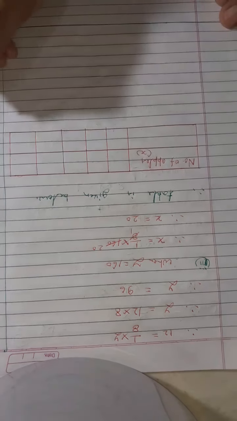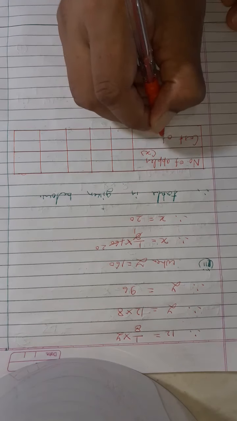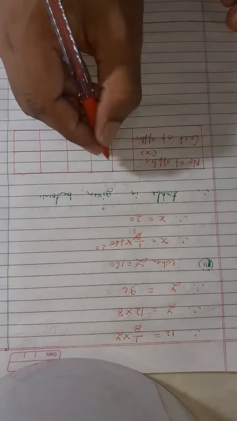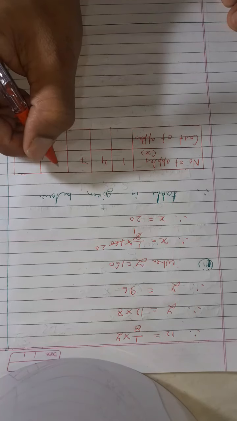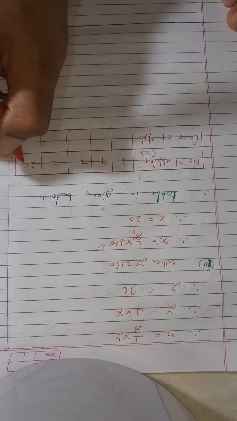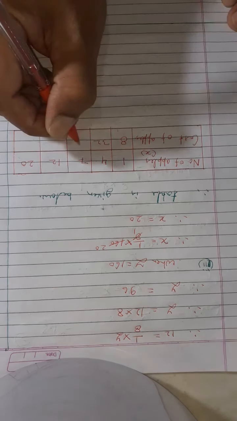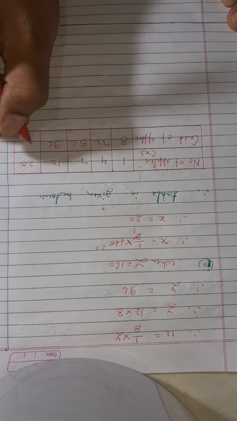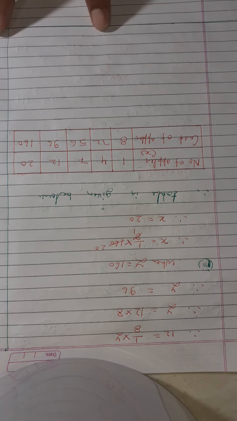And the cost of apples, so that will be what? This is 1, 4, 7, 12, 20, and this is 8, 32, 56, 96 and 160. Clear? So now your table is completed. So the second question is also completed.